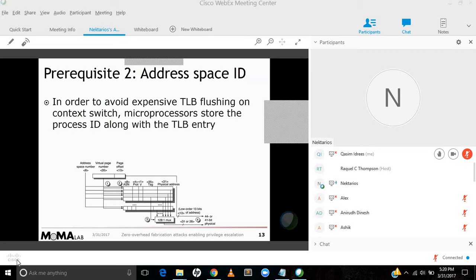We are using a translation look-aside buffer that has entries for multiple processes. The idea is that instead of using a translation look-aside buffer for one process and then deleting everything, and then filling the buffer again for the other process, we just have more entries, and every entry is tagged with the process space, essentially.